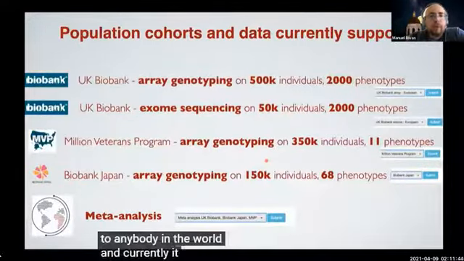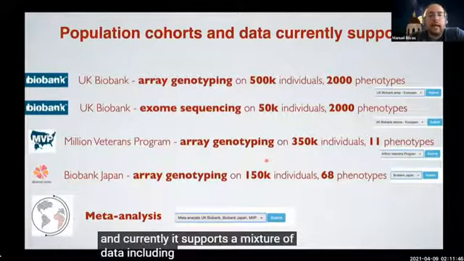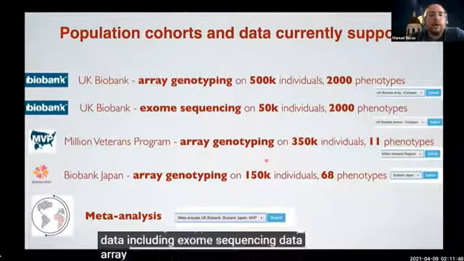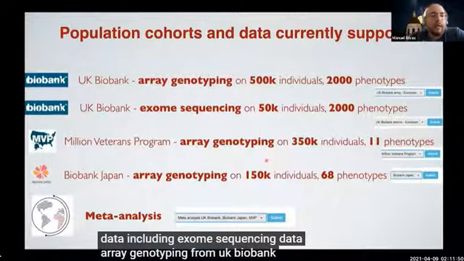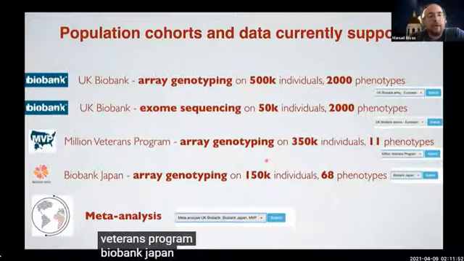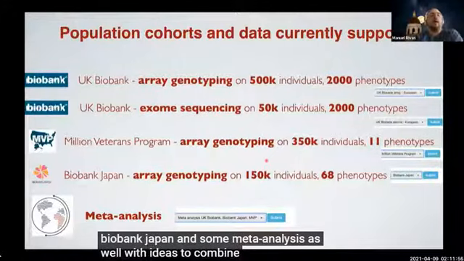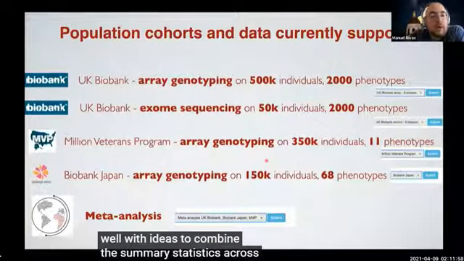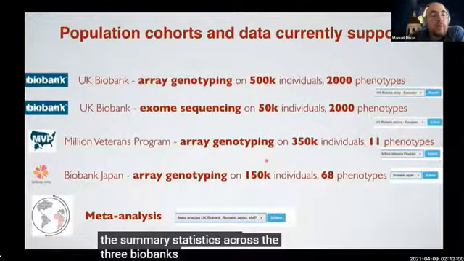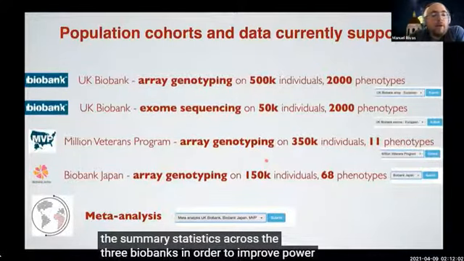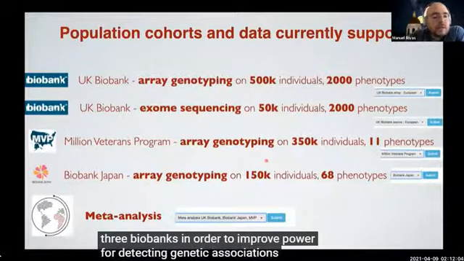And currently it supports a mixture of data, including exome sequencing data, array genotyping from UK Biobank, Million Veterans Program, Biobank Japan, and some meta-analysis as well, where the idea is to combine the summary statistics across the 3 biobanks in order to improve power for detecting genetic associations.